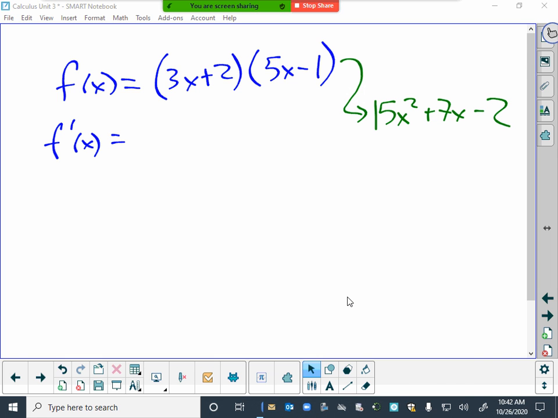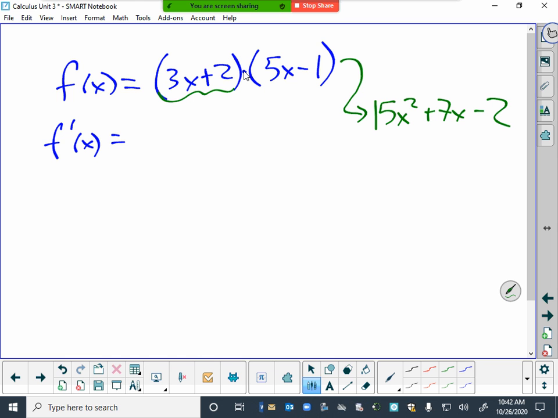The temptation after the addition and subtraction thing is to say, well, if I had two things added together and I could take the derivative of those and just add them together, then why can't I do that for multiplying? If we tried that and looked at this and said, well, what's the derivative of 3x plus 2?